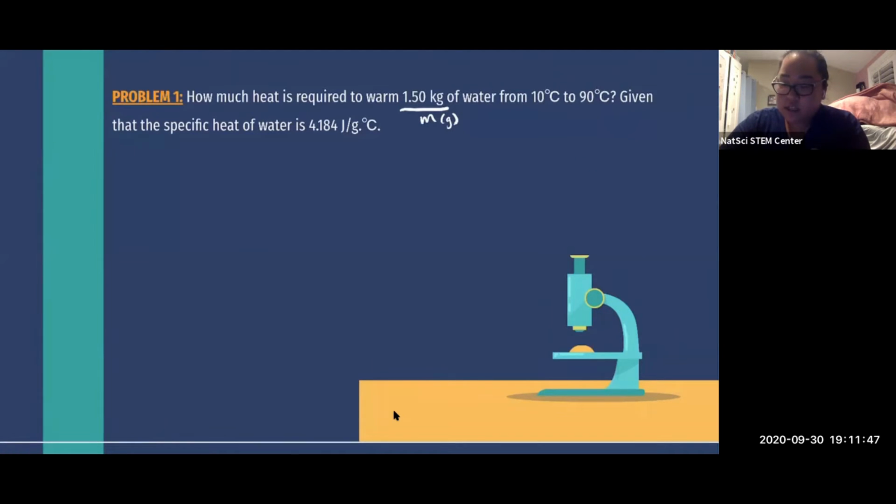From 10 degrees Celsius, T initial, I like to label whenever I'm going through the practice problem, to 90 degrees Celsius, which is your final temperature. Given that the specific heat of water is 4.184 joules per gram degree Celsius, so this is your C.